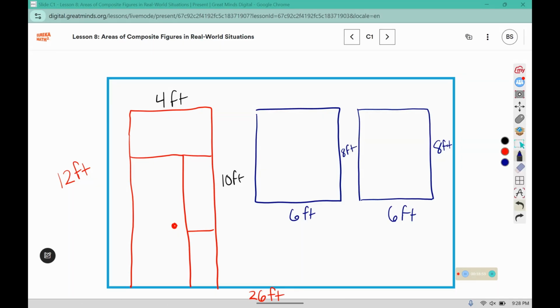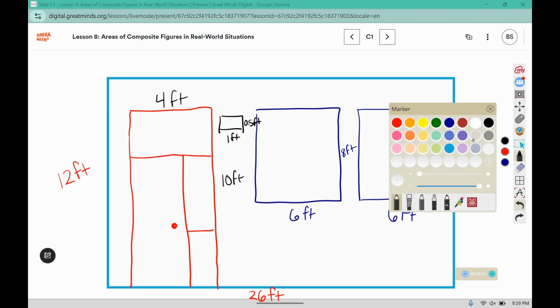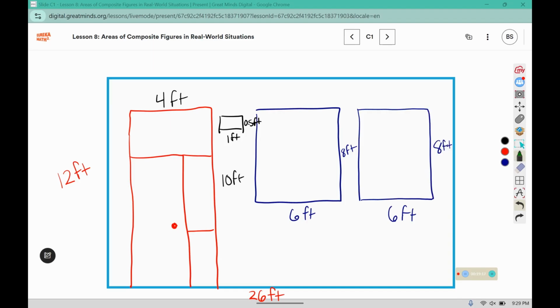On this wall, we also have a small exit sign that is 1 foot wide and a half a foot tall. Part B asks us to calculate the area of the wall that needs to be painted. So we know that we're going to start with the whole 26 by 12 rectangle.